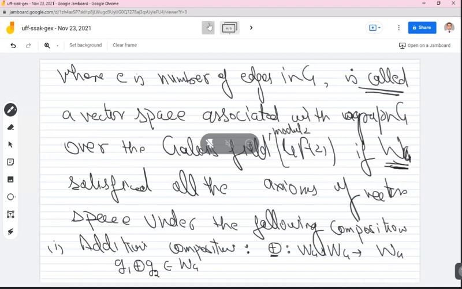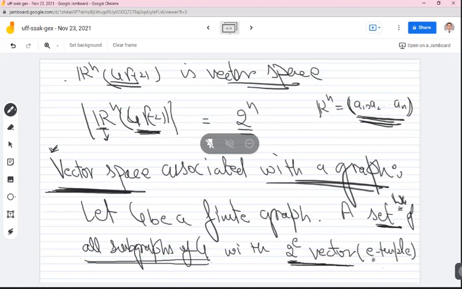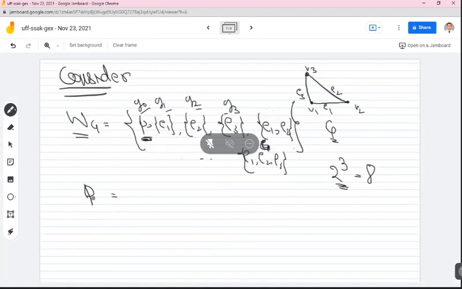And I have told you that 2 to the power E vectors means E tuples, E means the number of edges. The number of edges is 3. So I can write this graph phi in terms of 3 tuples, X1, X2, X3, and all are 0.